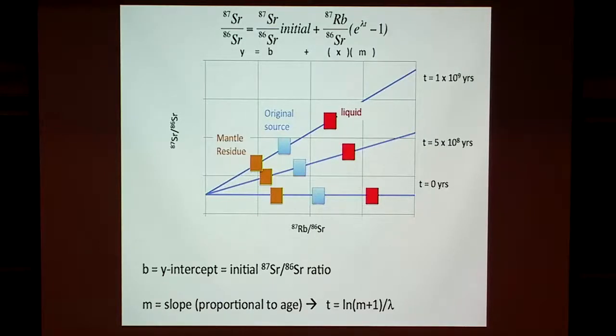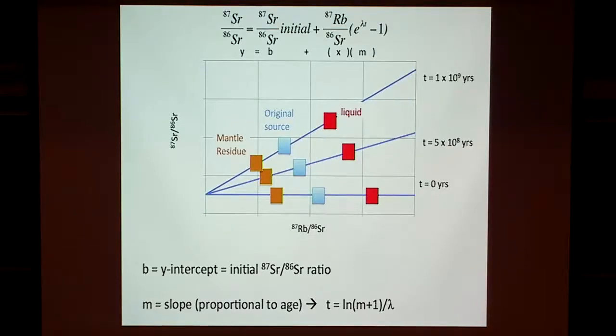And how do we get an age? Well, e to the lambda t minus 1 is the slope. So the slope, m, which you can measure on this plot, equals e to the lambda t minus 1. What do you not know? T. So t, just solve this equation. T equals the natural log of the slope plus 1, divided by the decay constant. And there's your age.